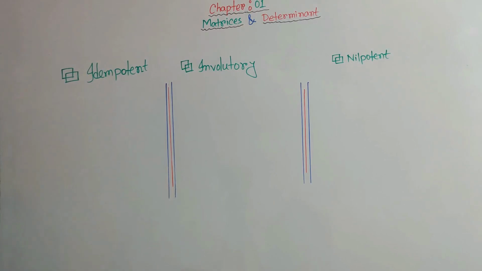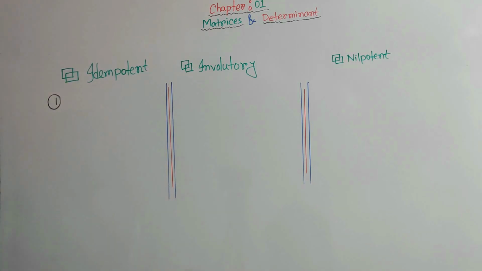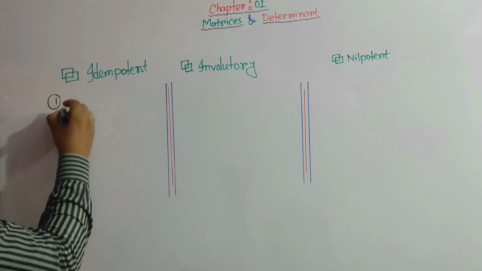So what's the definition of idempotent matrix? First of all, what actually is the idempotent matrix?